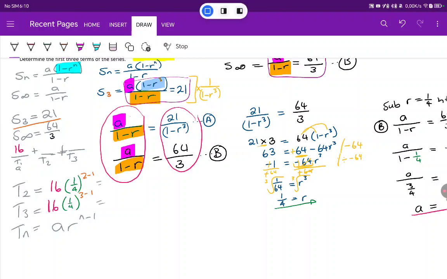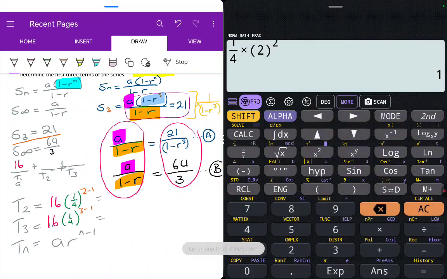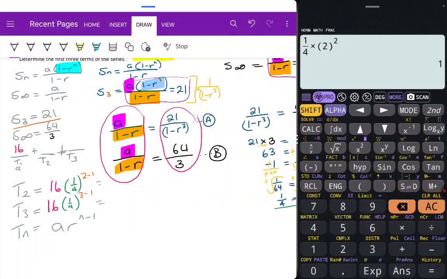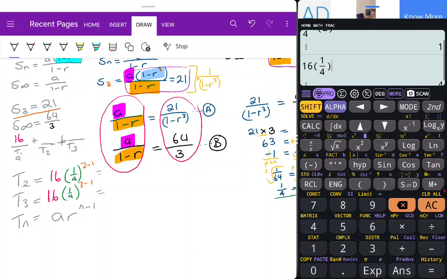So input that. Sorry, let me grab my calculator so you can see. So we're going to input here 16, open bracket, 1/4, close bracket, exponent 2 minus 1, which gives us an answer of 4. So term 2 is equal to 4. And I can go back here and change that: 3 minus 1 is equal to 1.